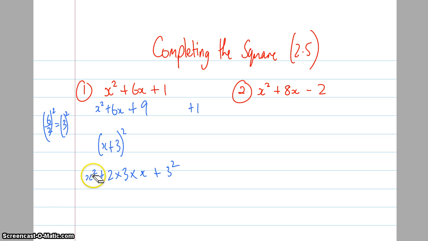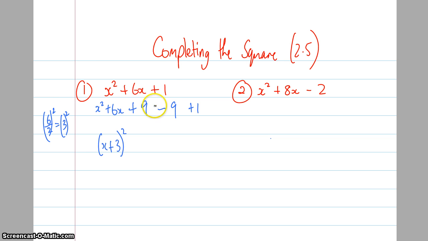Okay, but the reality is I can't just add plus 9 into the question. It doesn't make sense unless I also subtract it as well. Now that seems a bit silly because some people will argue, why don't we just do 9 minus 9 and get back to 0? I could do that, but then I'd just get back to where I started and that wouldn't be helpful at all.